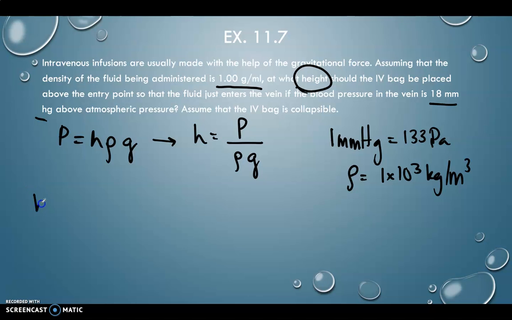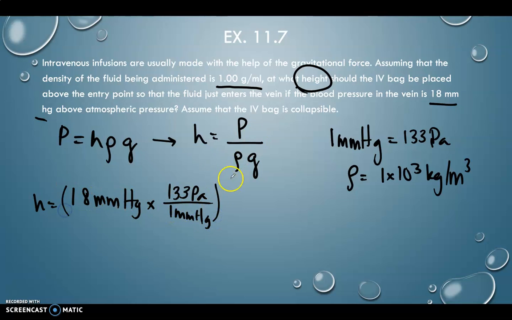So our height is going to be equal to our blood pressure, which is 18 millimeters Hg, and we need to convert that. So that's going to be 133 pascals over 1 millimeter Hg.